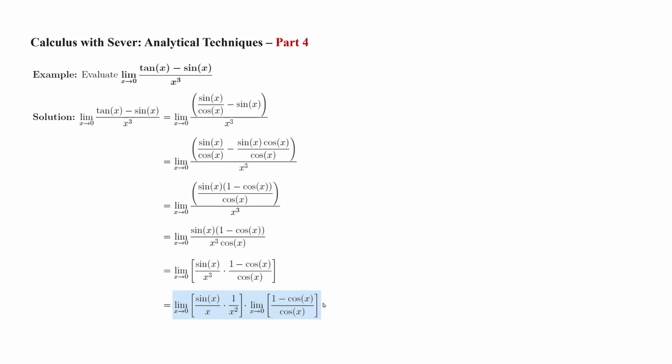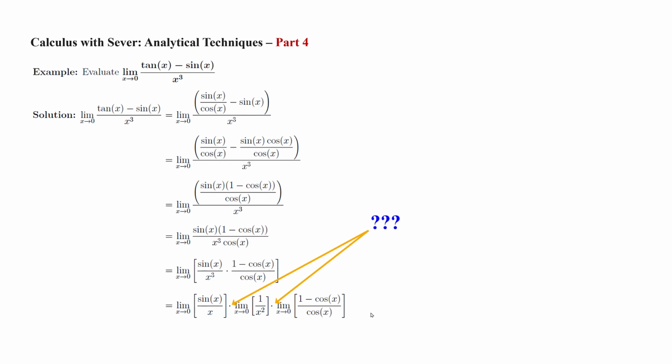So now I have a triple. I'm looking at the three separate functions, sine x over x, 1 over x squared, and the one that I already had, the rightmost factor, 1 minus cosine x over x. Are we justified in separating it into this triple product, as indicated? Well, we'll see the answer is no. But why?